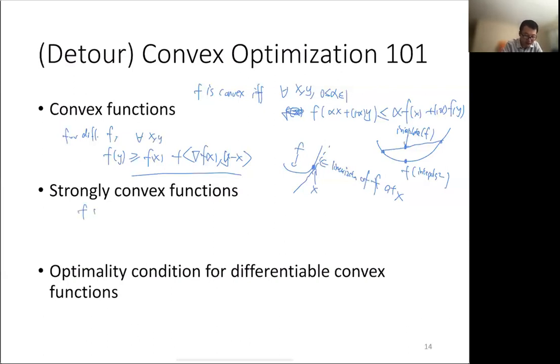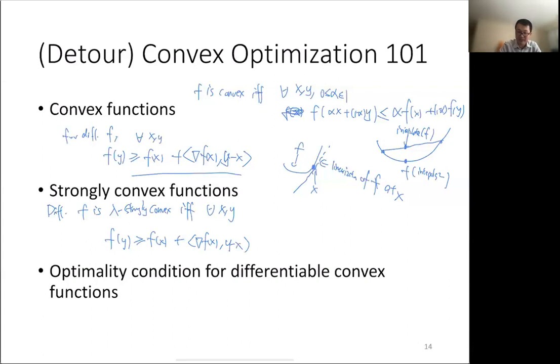We say that f is lambda strongly convex if and only if, for a differentiable function, for any x and y, f of y is larger than f of x plus its linearization at x.